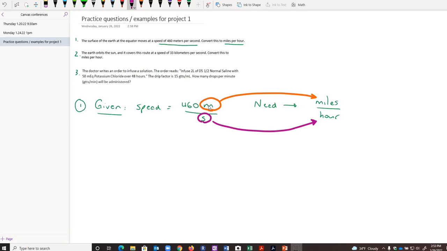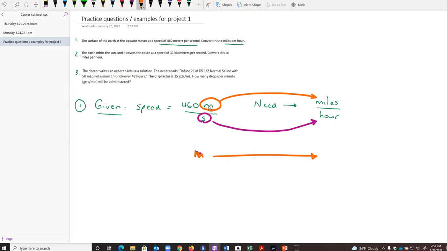And again, you can look up some of these equalities in your textbook in the inside back cover or the front cover of your text if you need to, especially as it comes to going from one measuring system to a different measuring system. So let's take a look going first of all from meters into miles.